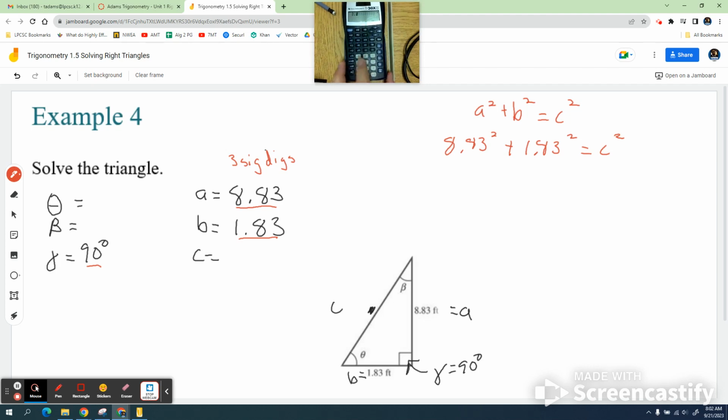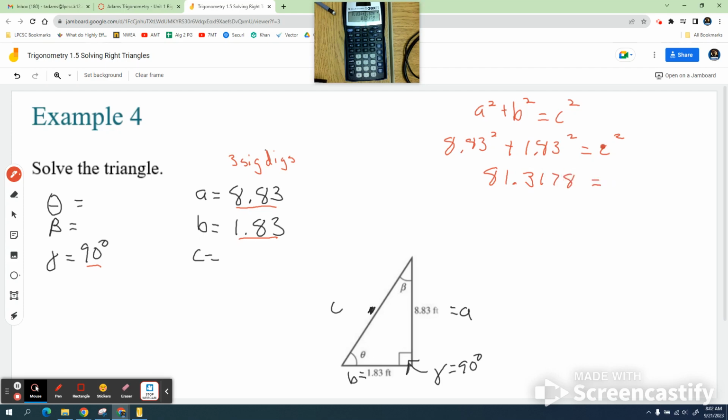So if I say 8.83, hit the square button, plus 1.83 squared, I get an answer which is 81.3178. Is that what you guys got, roughly?